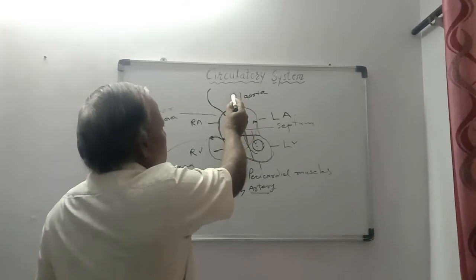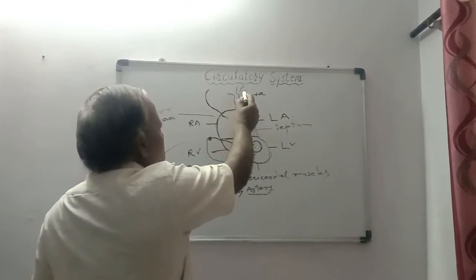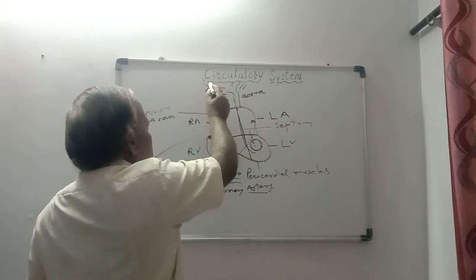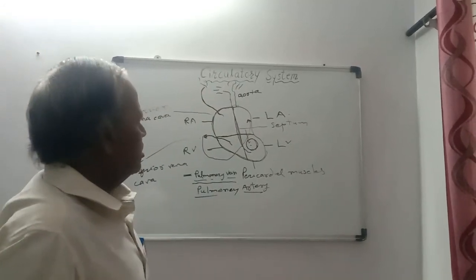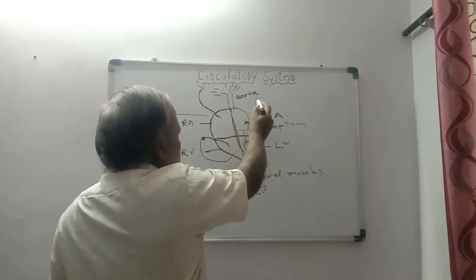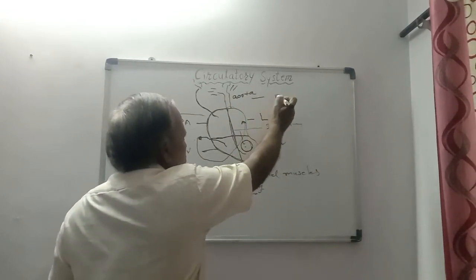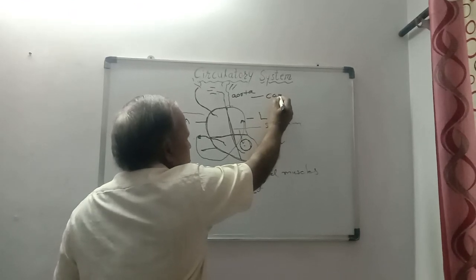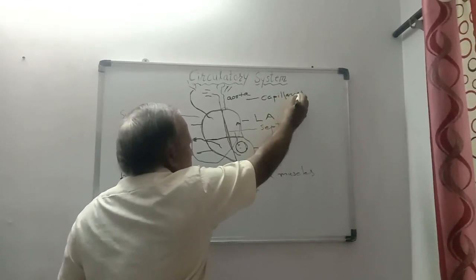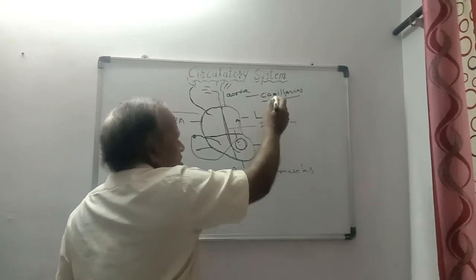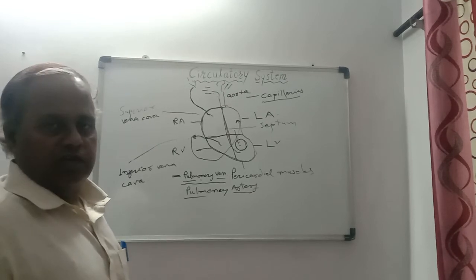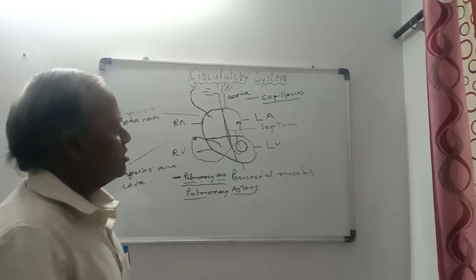This aorta again divides into smaller arteries. These arteries, after minute division, form capillaries. In these capillaries, the exchange of nutrients, oxygen and carbon dioxide takes place.